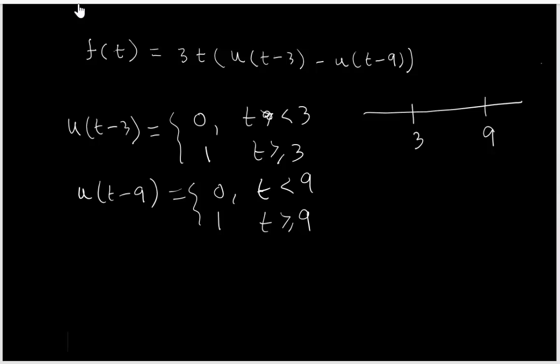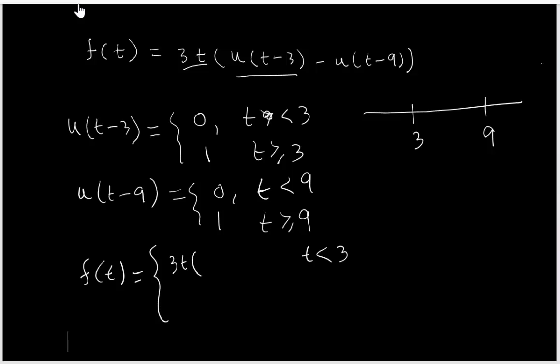So now we plug the values here, like f(t) as a piecewise defined function. First we are saying t is less than 3. When t is less than 3, this 3t we can keep here.